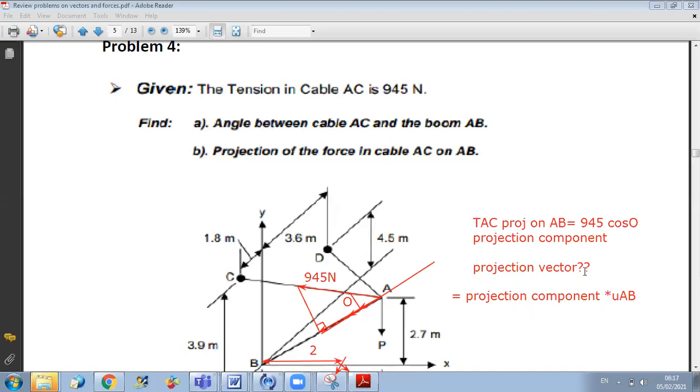But the projection here, isn't it the perpendicular of AC on AB? Yes. Always, when you project one vector on one line, and it's not a frame, whenever I tell you to project a force on a line, it's the perpendicular. When you work in frames, it will be different.